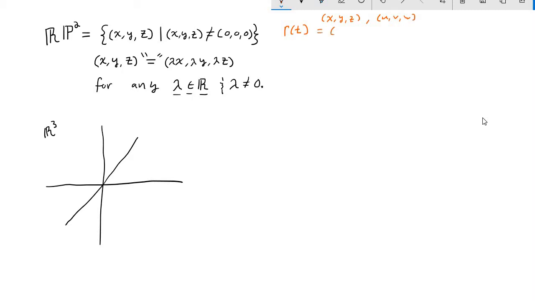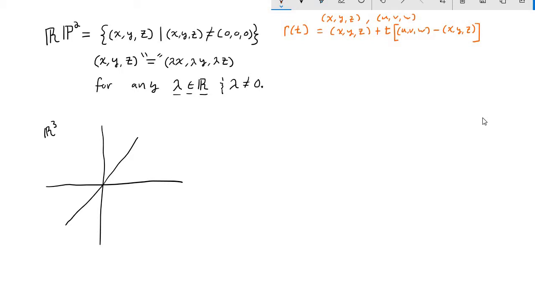I can write this as x, y, z plus t times u, v, w minus x, y, z. Here I'm just performing the subtraction and the multiplication pointwise.